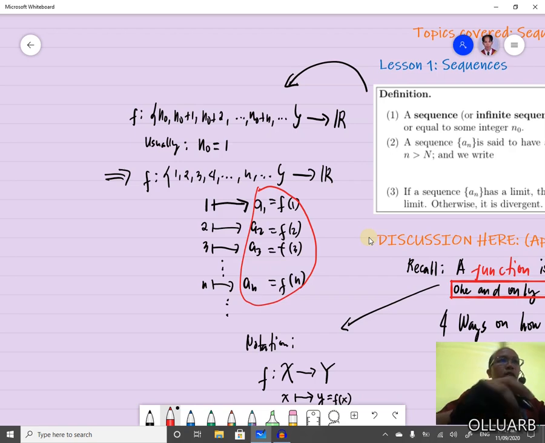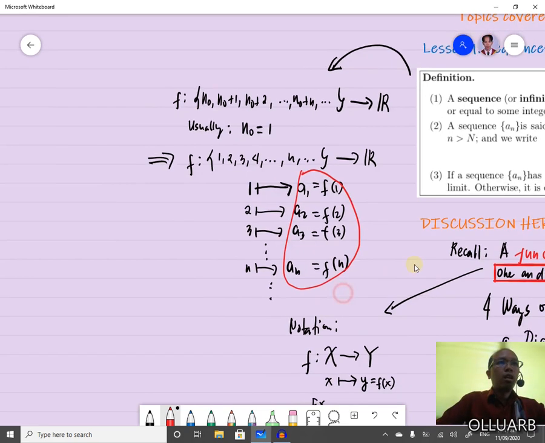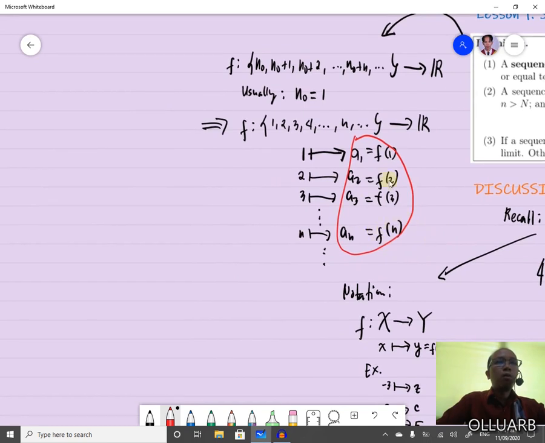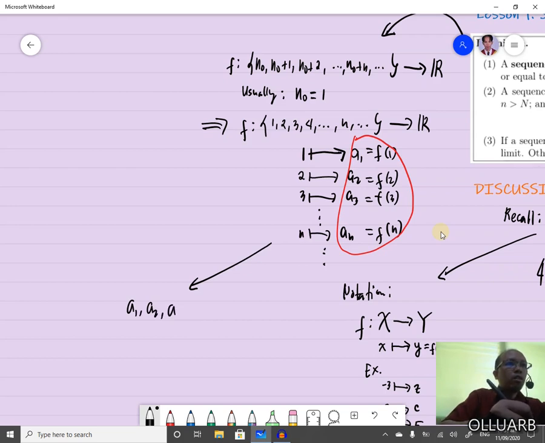Meaning to say, we will be focusing our study on the range of the sequence. Okay, and I'm going to explain again here that we will be studying all these elements of the range of the sequence.